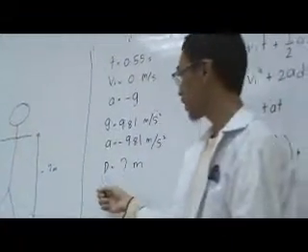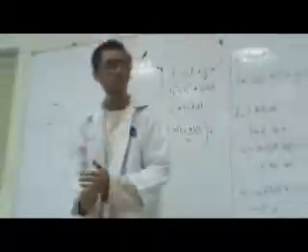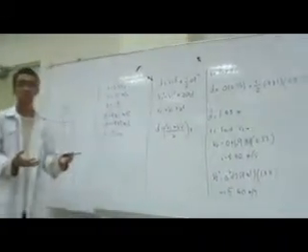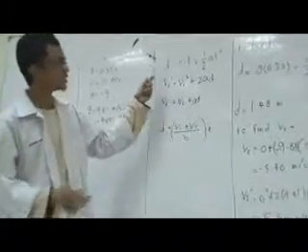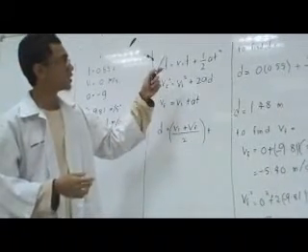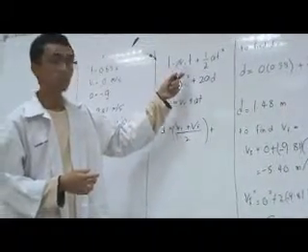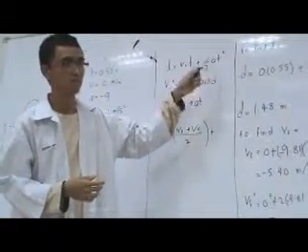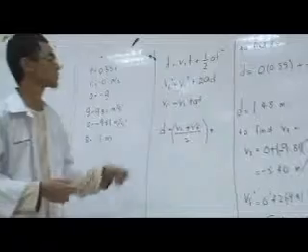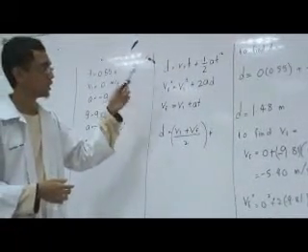Now we want to calculate the distance between my hand and the floor. According to the kinematic equations, we have these equations. Distance equals initial velocity times time plus half acceleration times time squared.